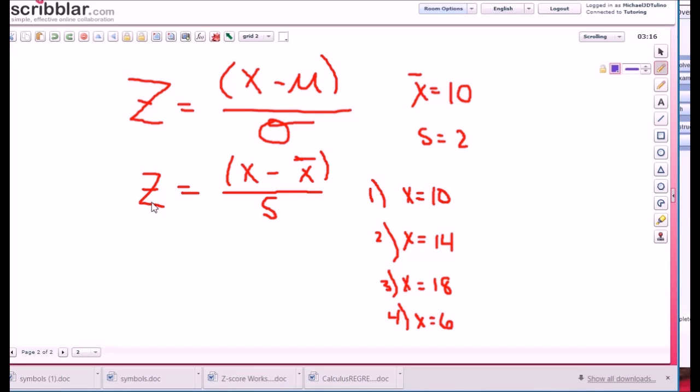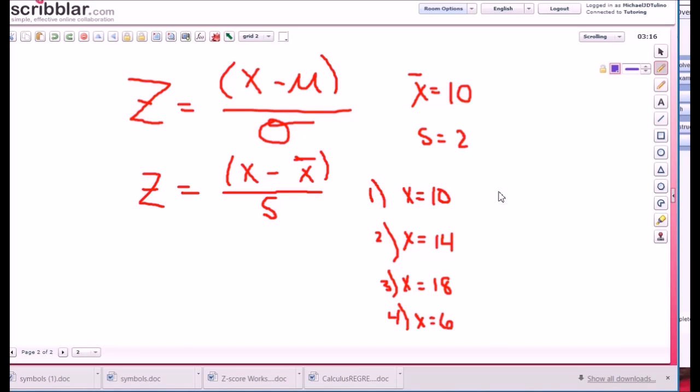But say you're given the z value, and you've got to work backwards to find another variable. You can definitely do that. Depending on the question, you can always solve for one of the variables, as long as you have the other information. In this case, we have the x bar, the s, and the x value. So let's go ahead and work on this.